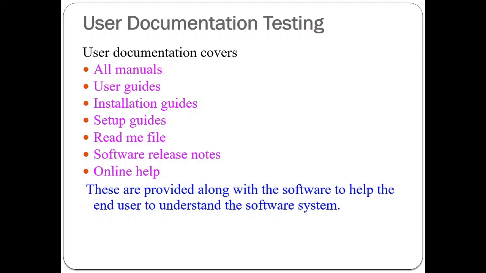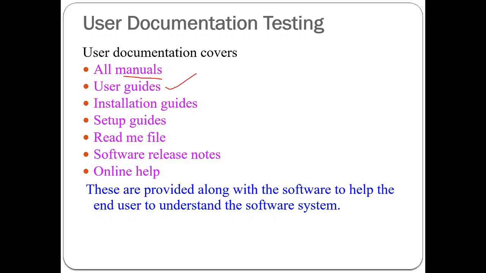These should all be specified in the user documentation, guides, manuals and so on. So what should be in the user documentation? All manuals should be helpful for the users of the system to read and use the system.